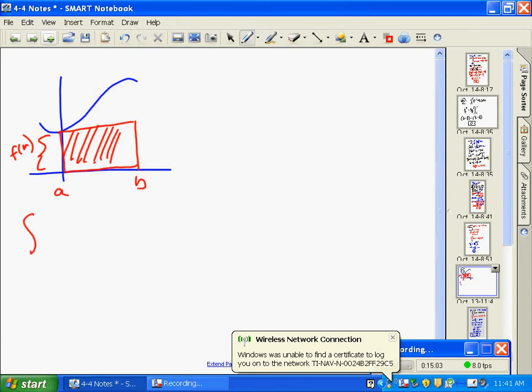I can approximate that area, the integral of f of x dx from a to b, to be equal to f of m, which is my y value, times my x value, which is b minus a.